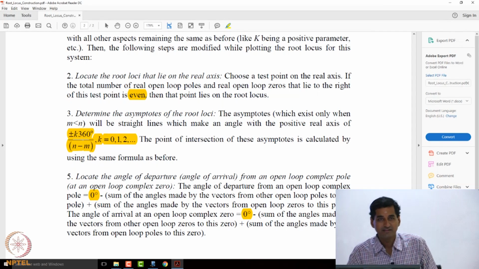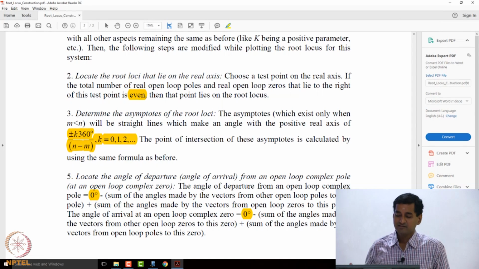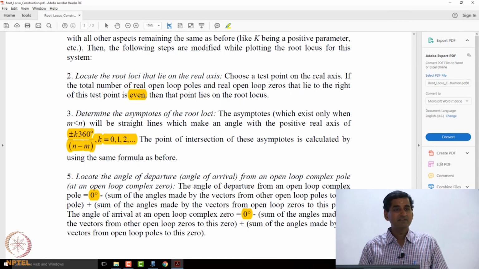That is what we want there. So you see that the angle of departure and angle of arrival step has changed, to incorporate the change in the angle condition, that has come about due to the fact that we have positive feedback instead of negative feedback.